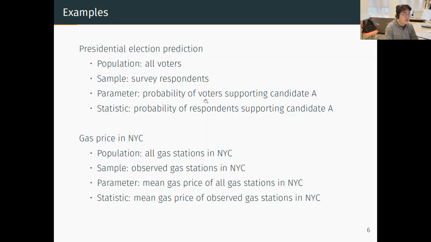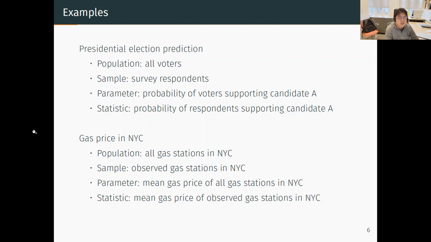The difference is for all voters, you don't observe all voters, so you cannot calculate the parameter unless you observe all voters. But the statistic is based only on the respondents, which is just a part of the voters.